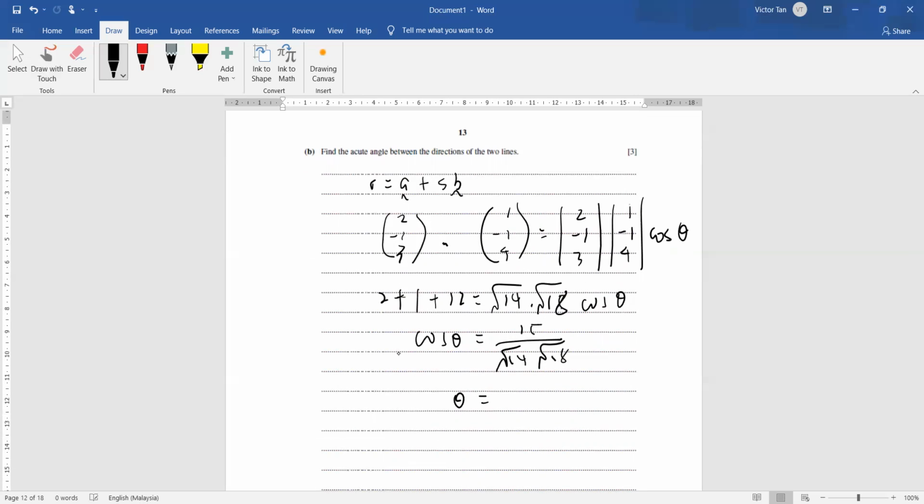So theta equals, normally before 2020, this question would come out in AS Math, AS Pure Math. So you're lucky, it comes down now in A2 Pure Maths, where the questions are a bit easier.